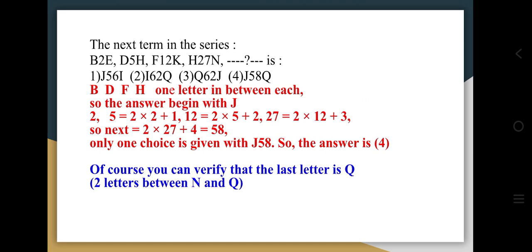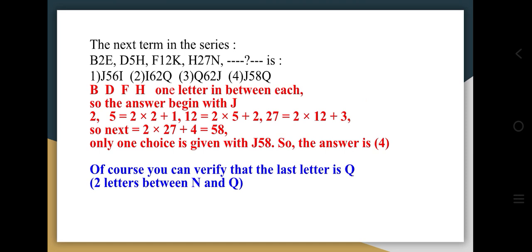So between B and D, one letter is there. Between D and F also one letter. Between F and H, G is there. So we have to skip one letter after H. So we have to skip I. So the next term should start with J.